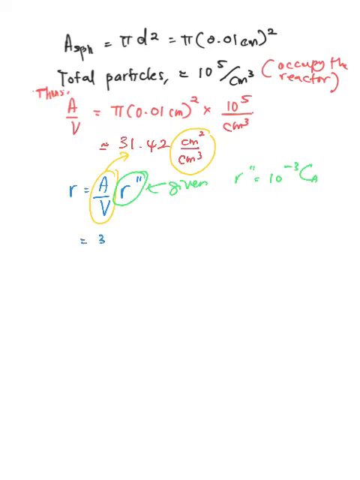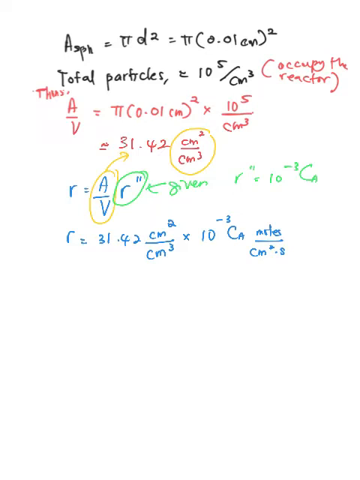Therefore, 31.42, and write the unit to ensure that we get the correct unit later: cm square per cm cube multiplied by 10 to the negative 3 CA, and the unit is in moles per centimeter square second. So this is your pseudo homogeneous rate.